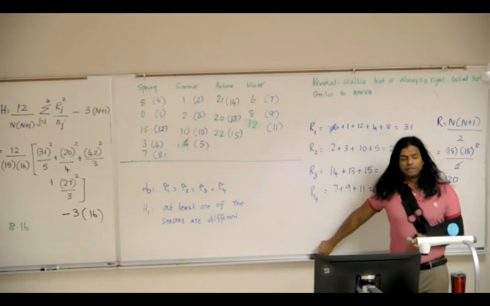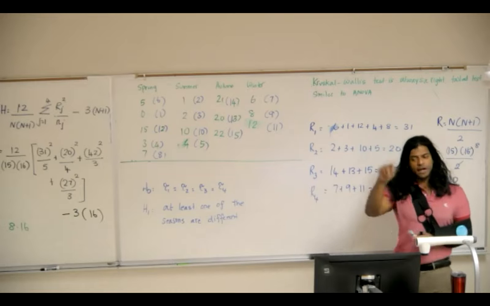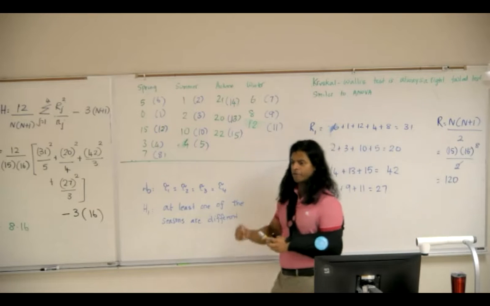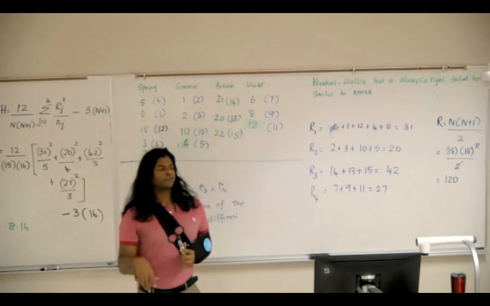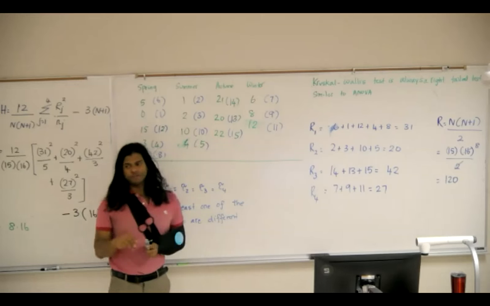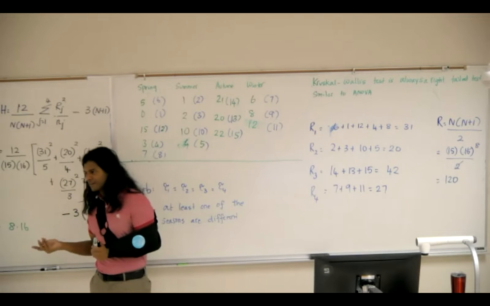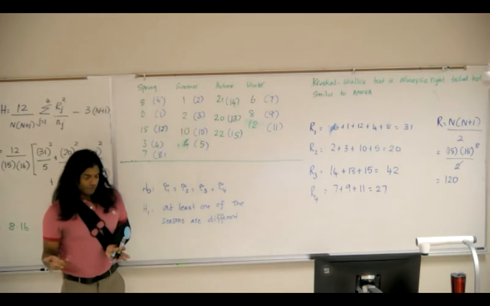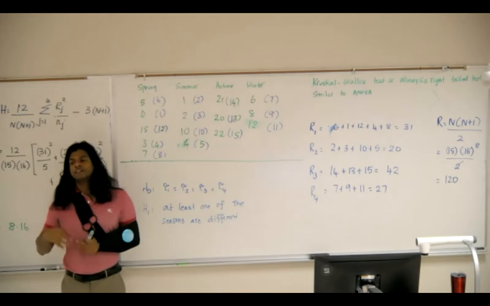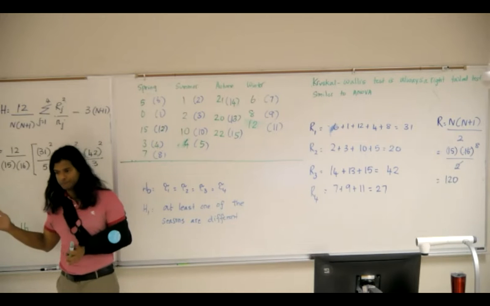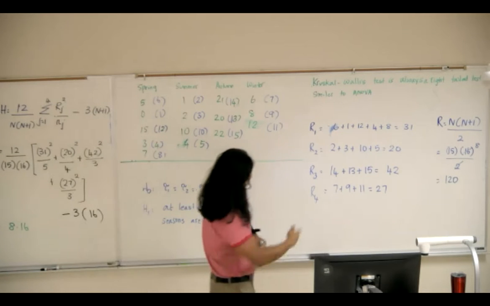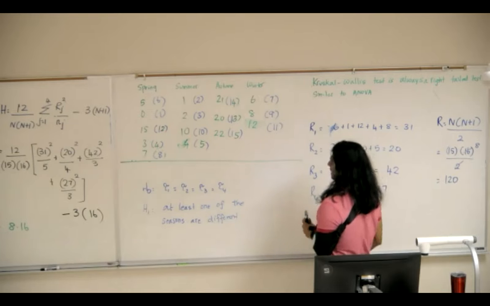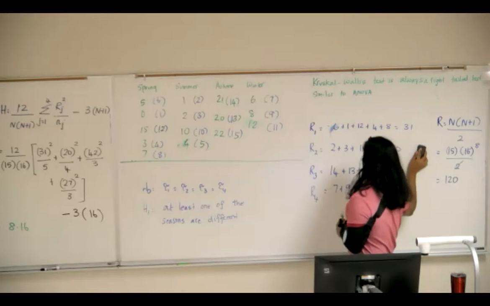Reason being, last time I went over how we do the testing in ANOVA. It's a ratio of two things, a ratio of two variances. Variances cannot be negative, so the ratio of variances cannot be negative, so the test statistic must always be positive. So that's it. The rejection region has to be on one side.